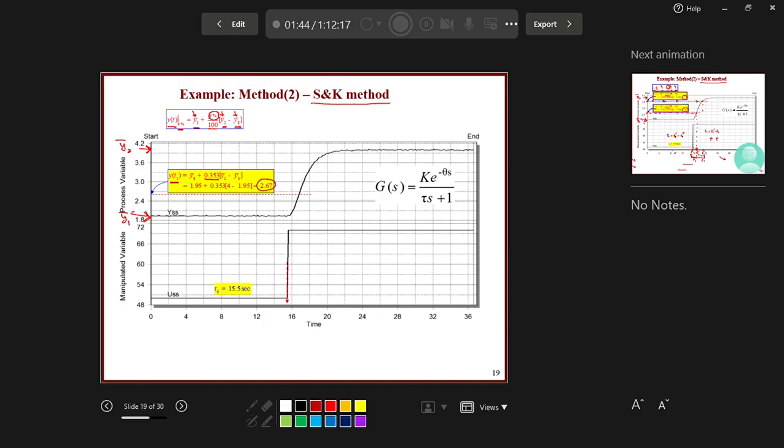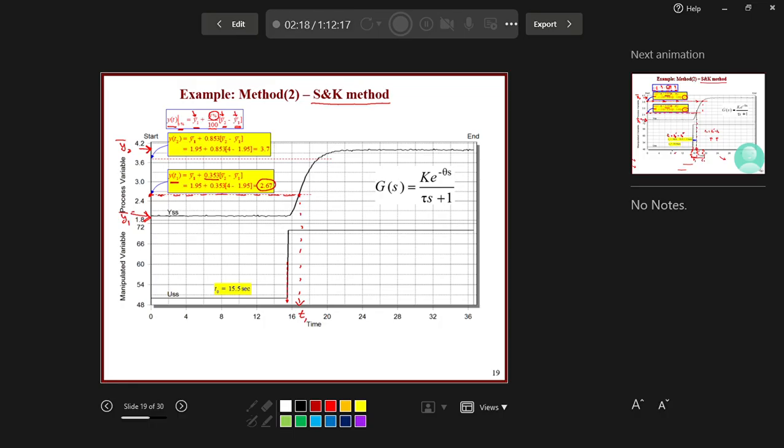Once I have this value, I can find it on the vertical axis. It is this point, and then I will draw this line until it crosses the reaction curve, the output variable, and then I will project it down until I reach the value of T1. So this will be T1. This is not accurate. Now I will show you a more accurate drawing.